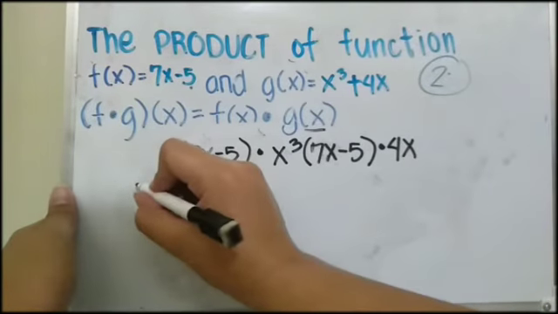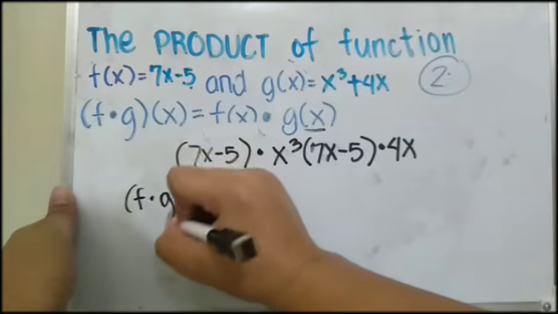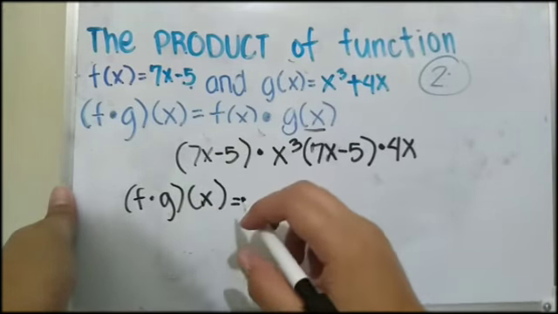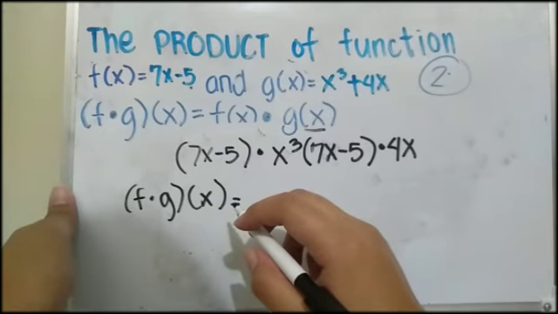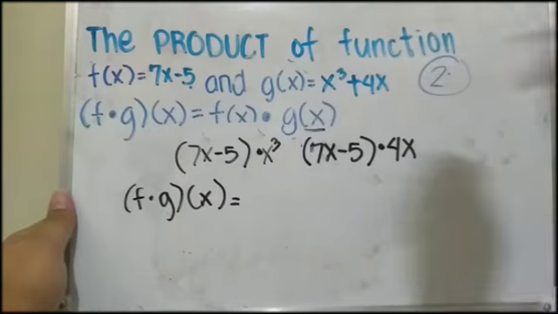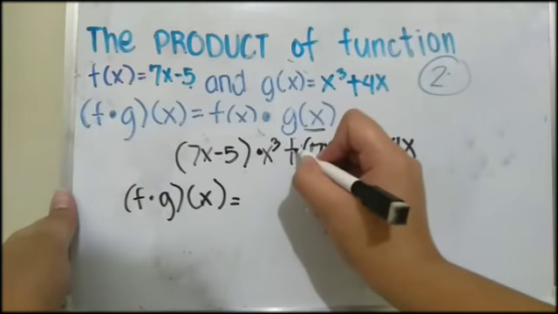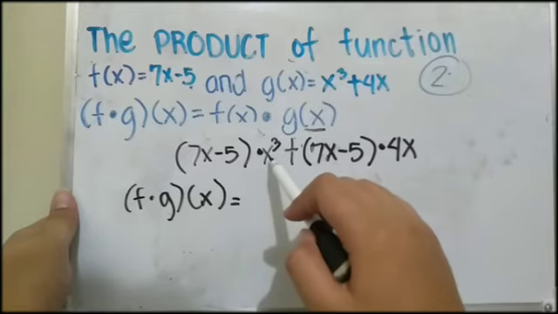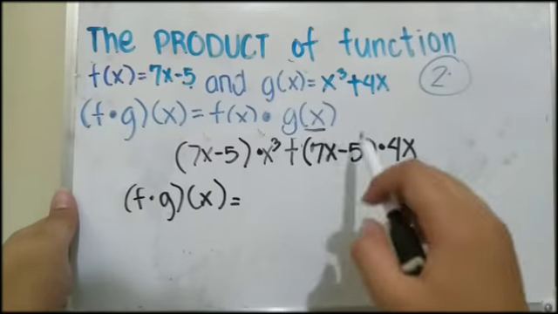So the next thing that we're going to do is, we will multiply, so this should have a positive sign. The next thing that we will do is to distribute these parentheses numbers to this.